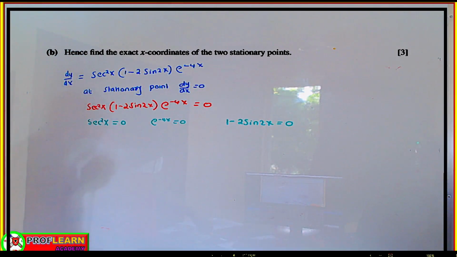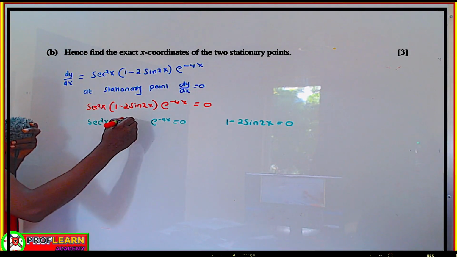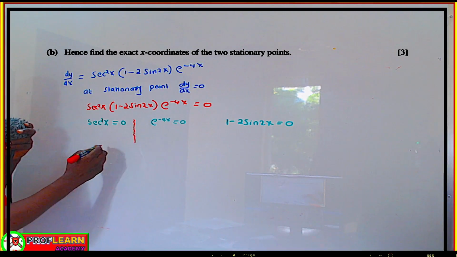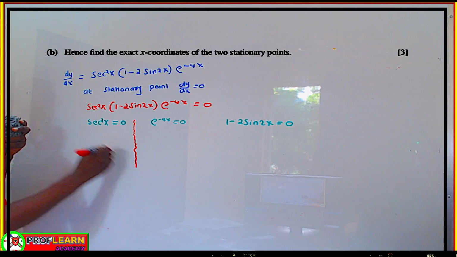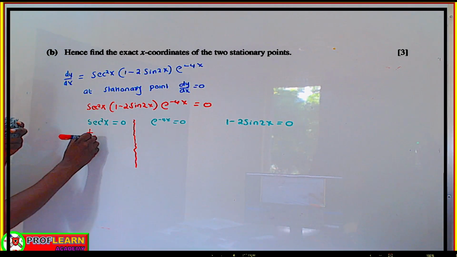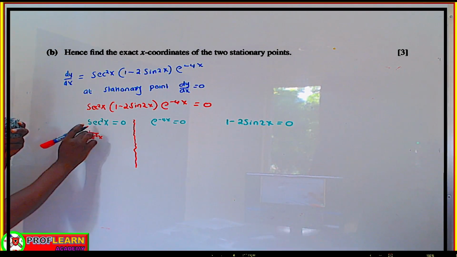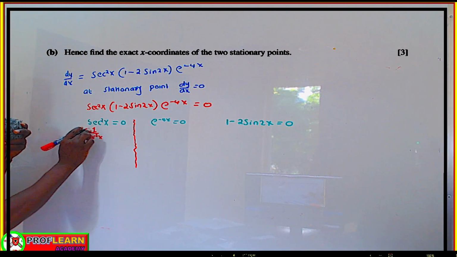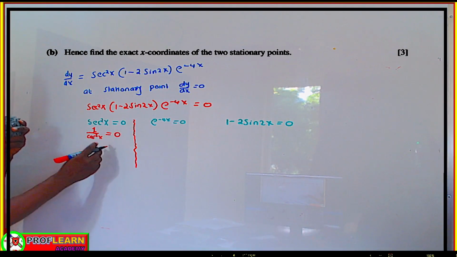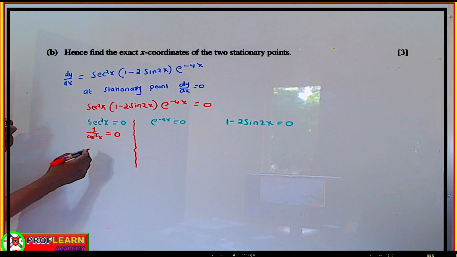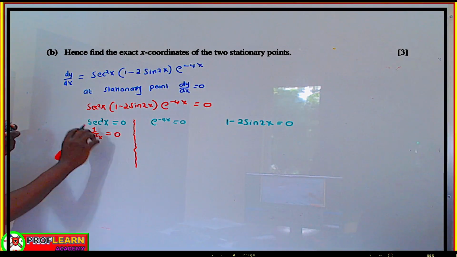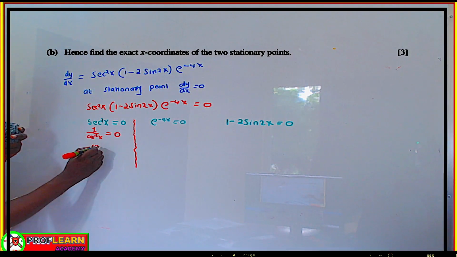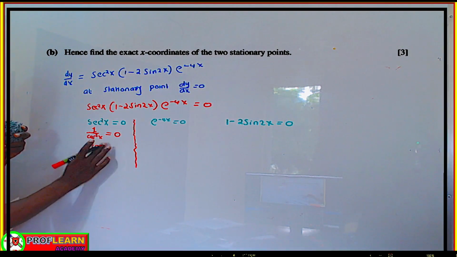So if you look at this part that we have at this point, sec squared x can be written as 1 over cos squared x. That is what sec means, is equal to 0. So in order to find the reciprocal, this is going to be cos.